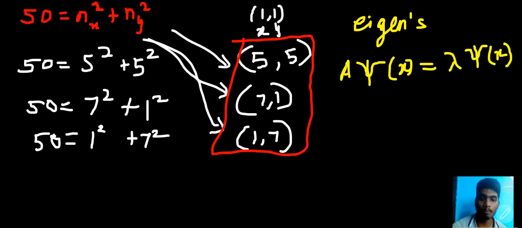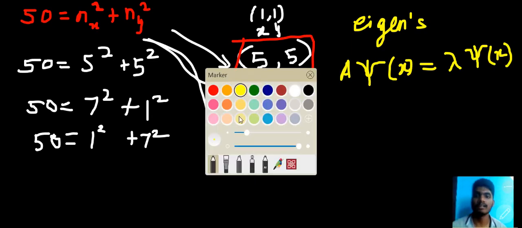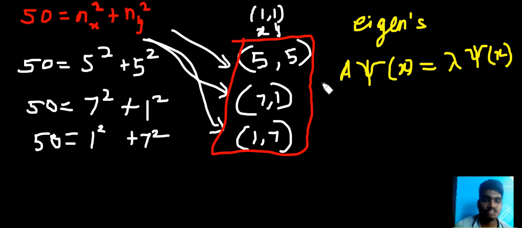This is the important criterion you have to see here. By seeing this, I will show you an example for this equation.